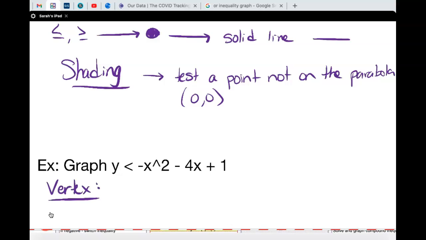How do I find the vertex when it's in this form? That's general form, so x equals negative b divided by 2a. In our case, what is the b value?